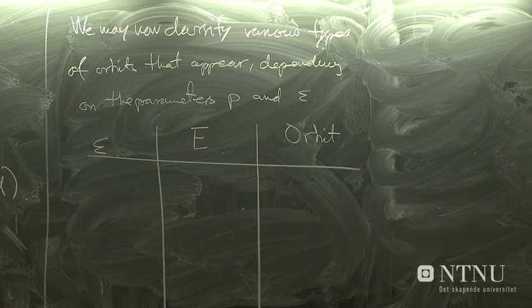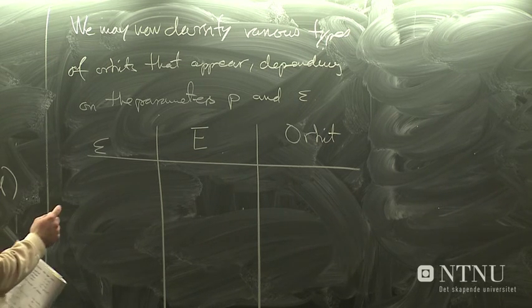Now, I would suggest to you that it's the eccentricity which is the key parameter in determining what kind of orbit or trajectory we actually get. The reason for this is that p is just a multiplicative constant which normalizes the length of the radius, whereas epsilon has a more qualitative influence on how r depends on theta.